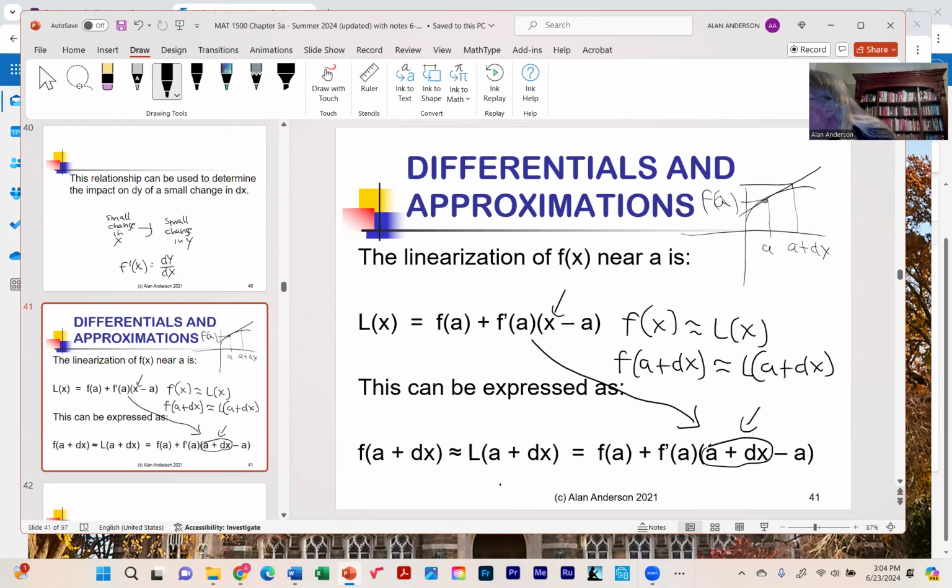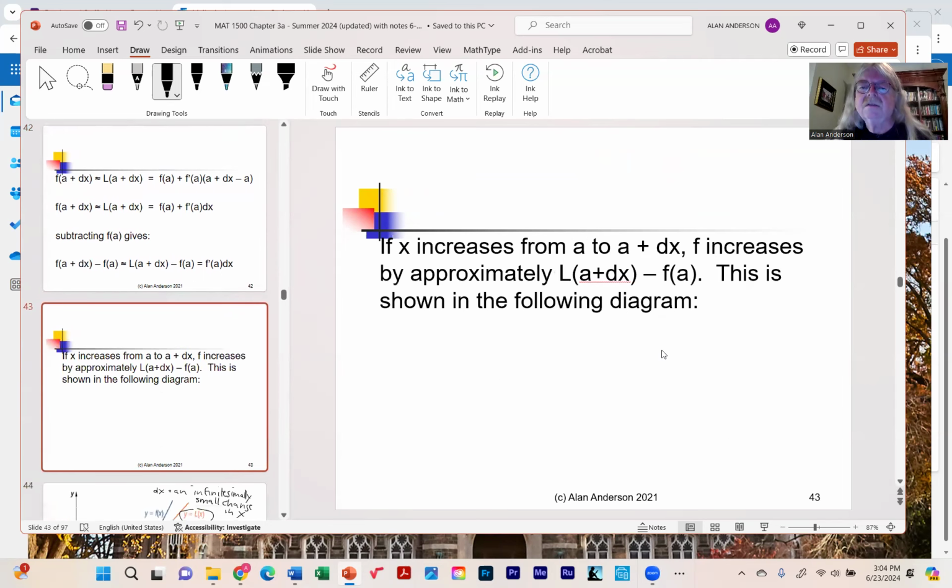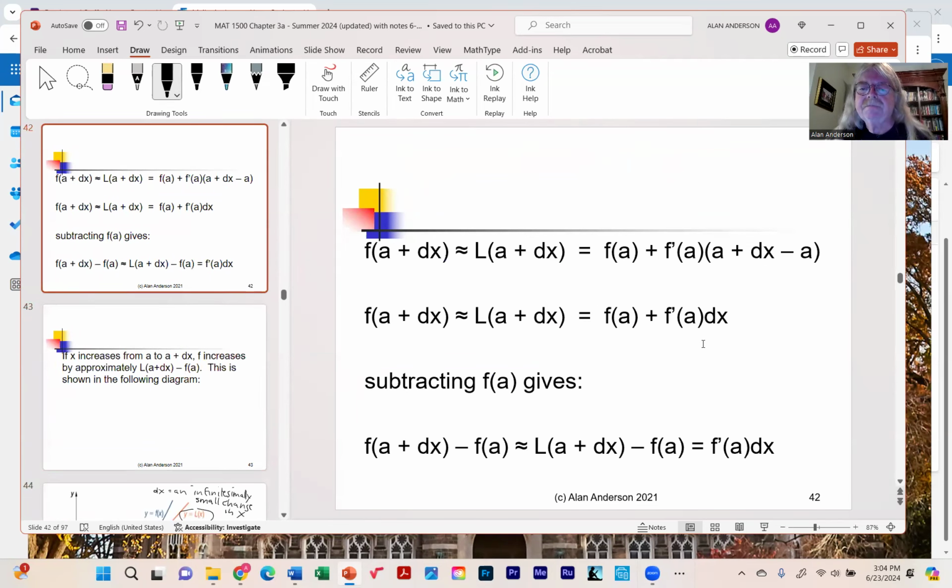Anyway, what this does is it's showing us that if you go through all the algebra, you'll see that, let's see if we can draw a picture of this.